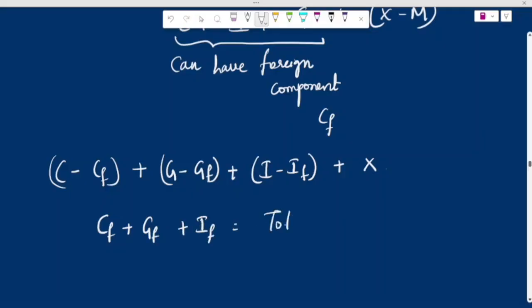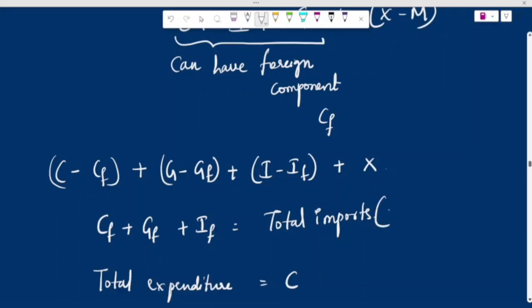That is nothing but M, which I have written. So total expenditure will be equal to C plus I plus G plus X minus M.